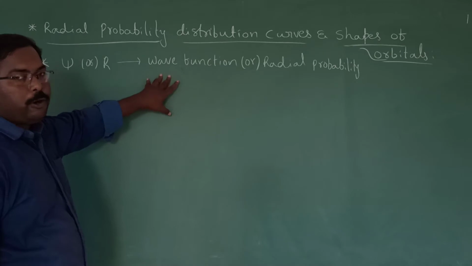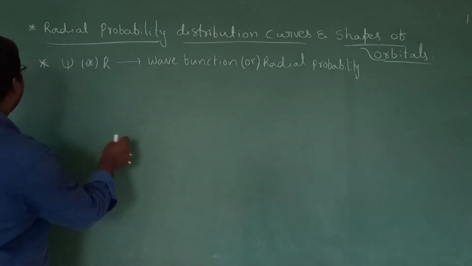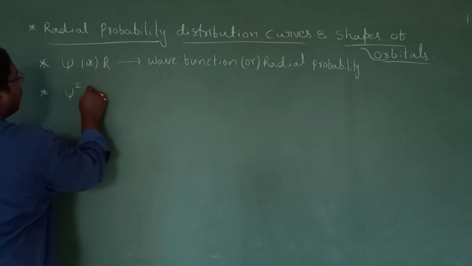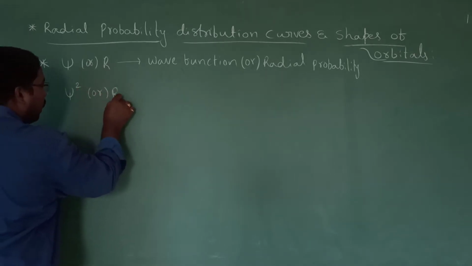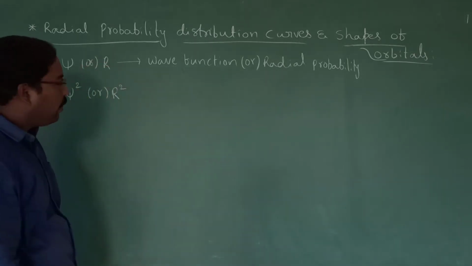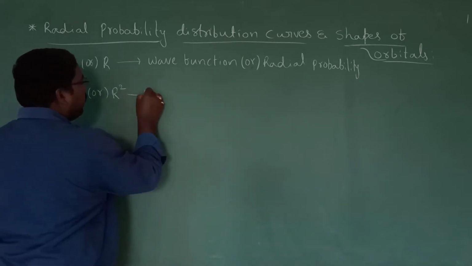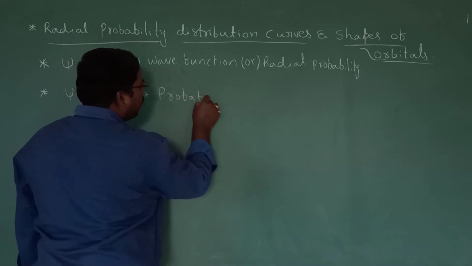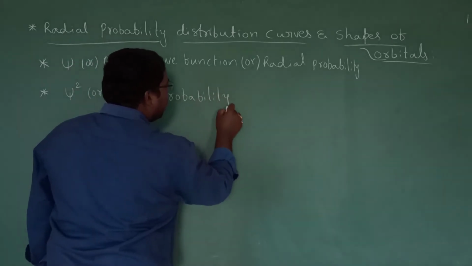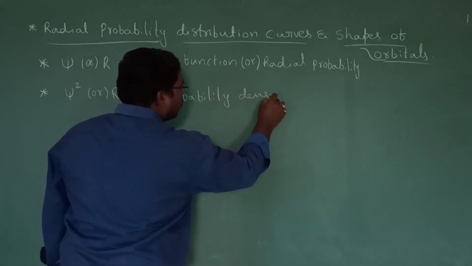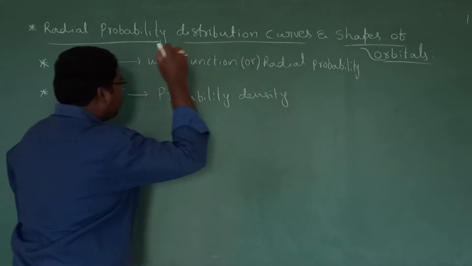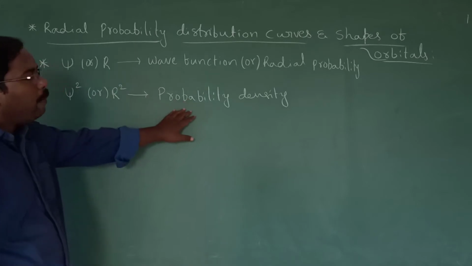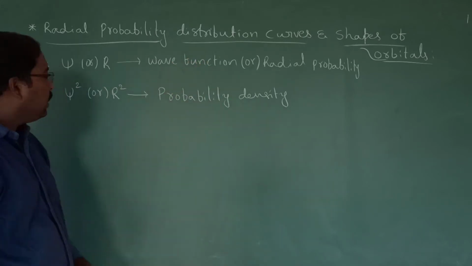We already know about the wave function. Even psi square or capital R square is nothing but probability density. The psi square or R square is known as probability density.